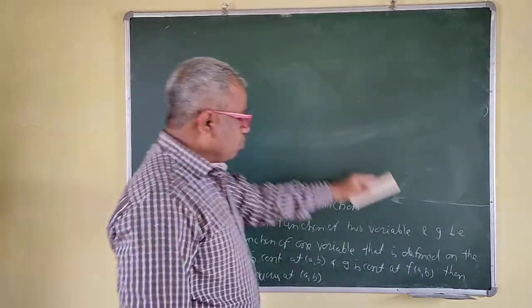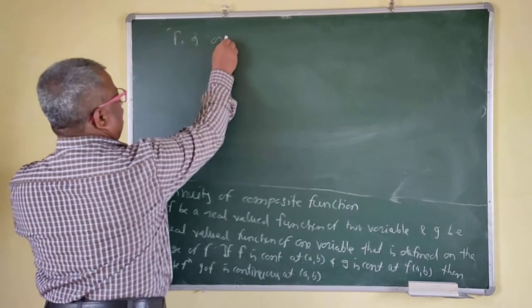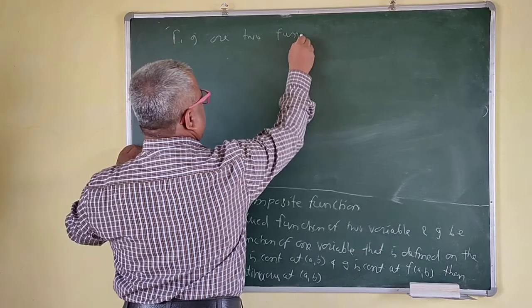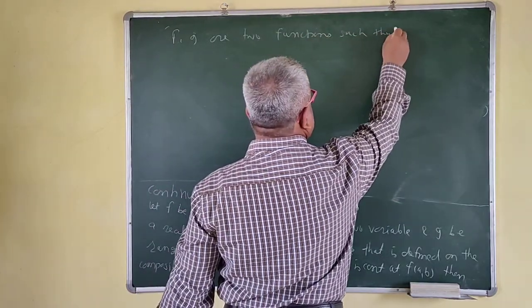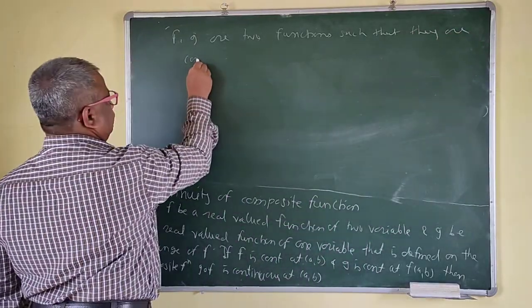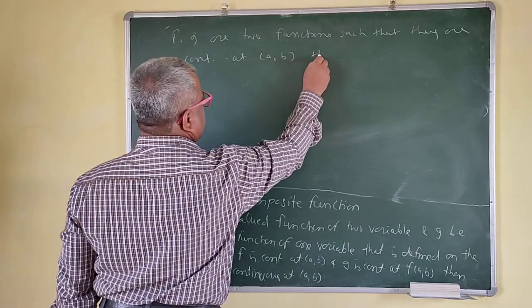Now you know the algebra of limits. Suppose f and g are two functions such that they are continuous at (a, b).